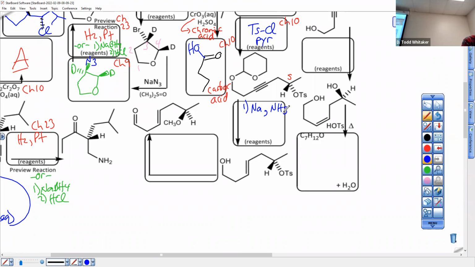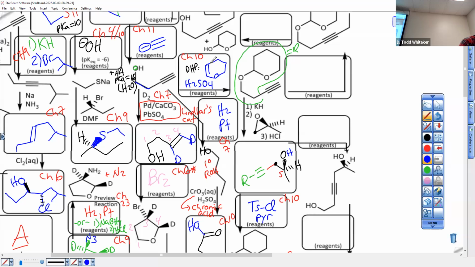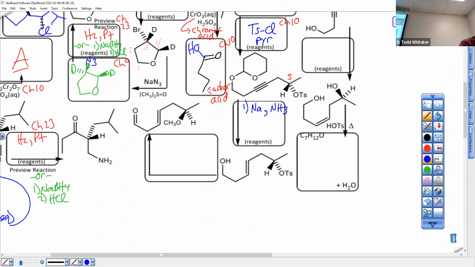Now I have to get rid of my DHP protecting group. Remember, you put on the DHP protecting group with DHP and a strong acid catalyst. If you're going to get rid of a protecting group, you have to use the same catalyst.